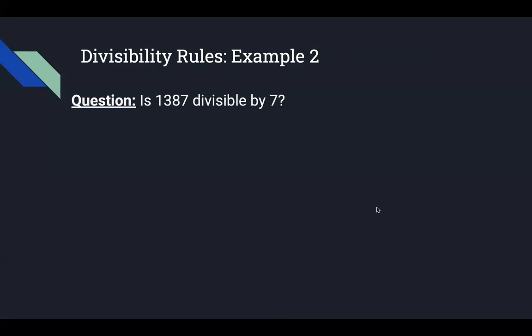So the rule is to double the last digit and subtract that from the rest of the number. So you have to double 7, which is 14. Good. And then you subtract 14 from 138. So everyone do that. 138 minus 14 is 124.